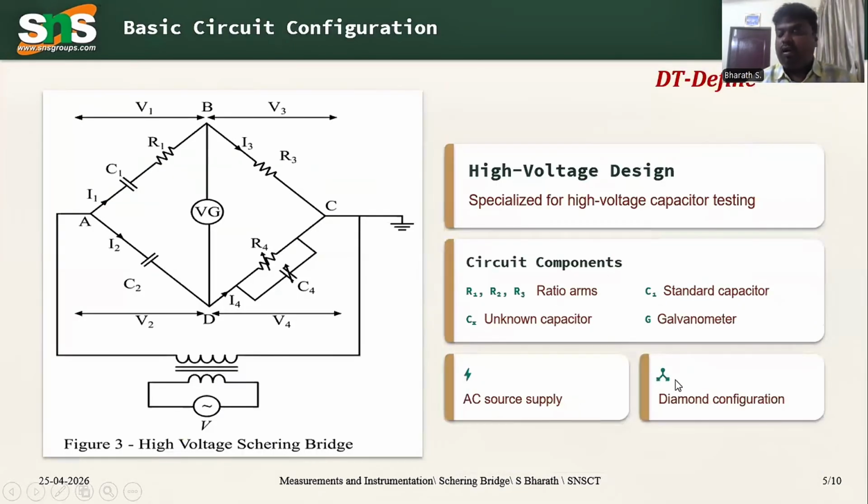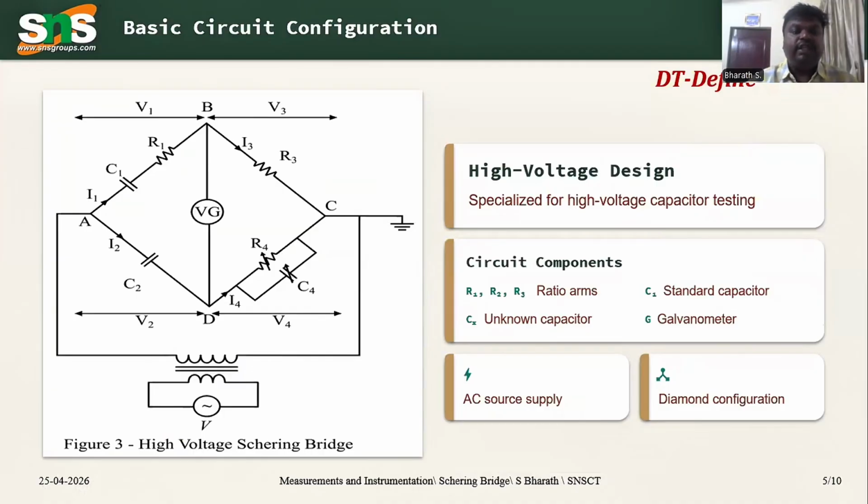The basic circuit configuration of a Schering bridge is shown in the figure. Similar to the other types of bridges, this bridge also consists of 4 different limbs. It is specialized for high voltage capacitor testing equipment and high voltage design.